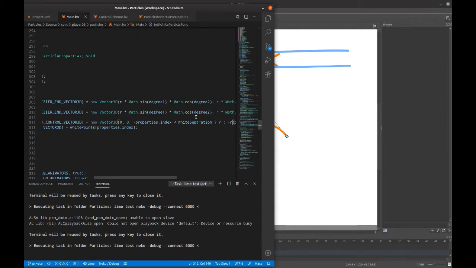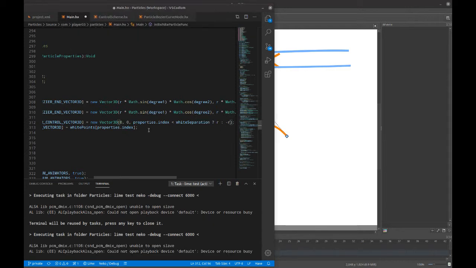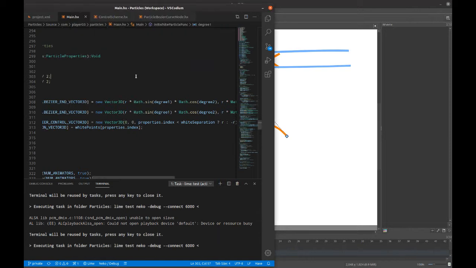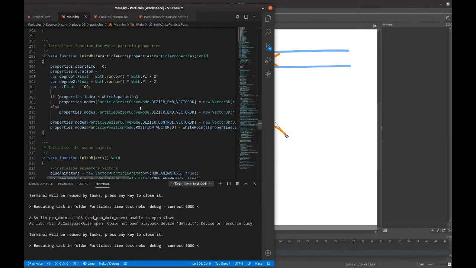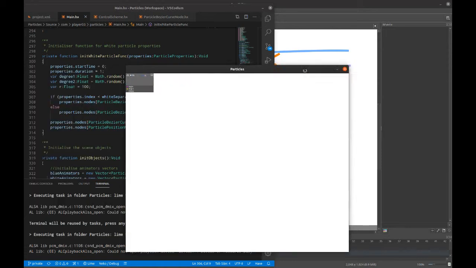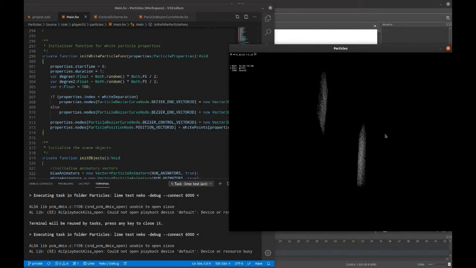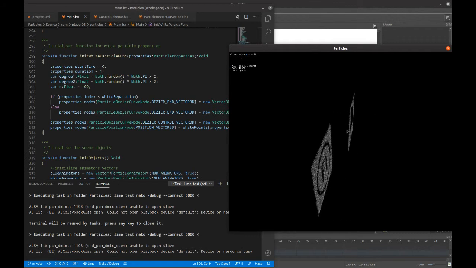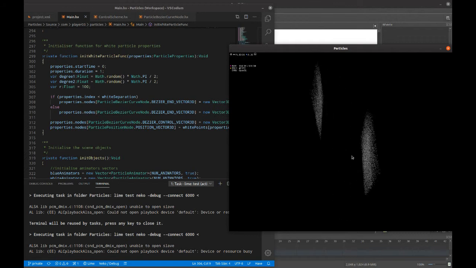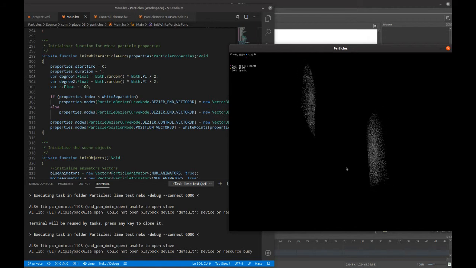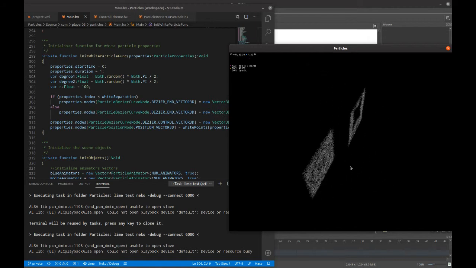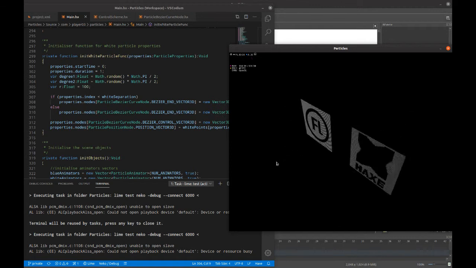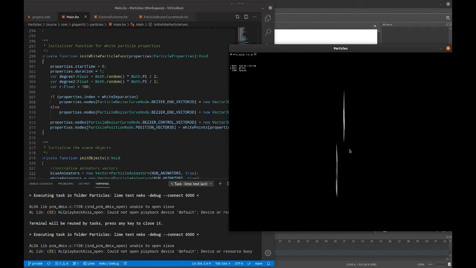So I'm going to try that again. I'm going to send them in different directions. Interesting. Okay, I'm kind of wrong about the symmetry thing.